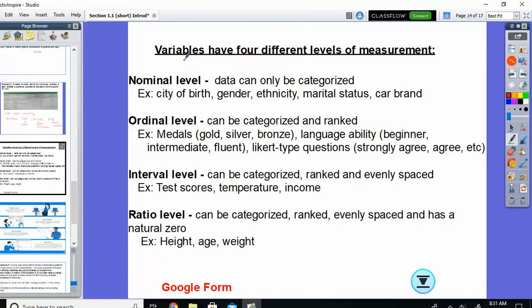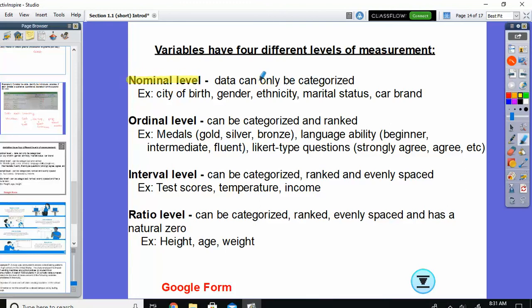This is one of those things that there's not always one clear answer. So we're going to practice some of this. I won't put a ton of this on a test or quiz, maybe a question. But we can talk about different levels. So, nominal, ordinal, interval, and ratio levels.